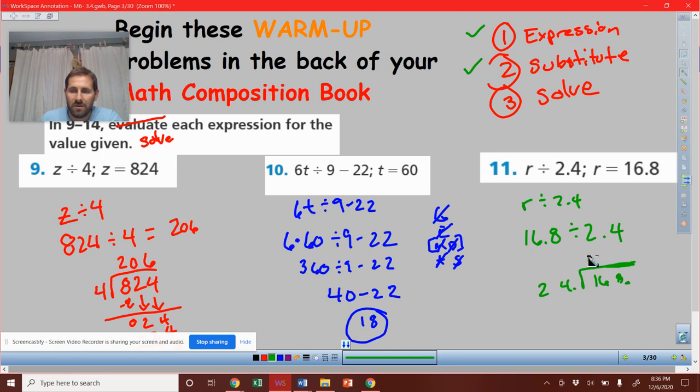How many 24s go into 16? 0. So how many 24s go into 168? We can start counting by 24. 24, 48. So 48 plus another 24 is going to give me 72.